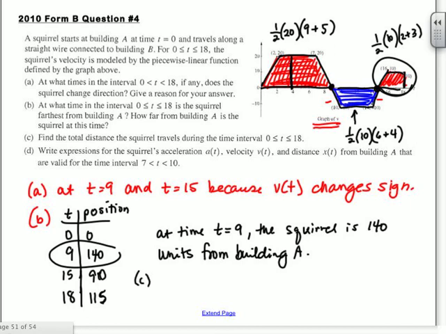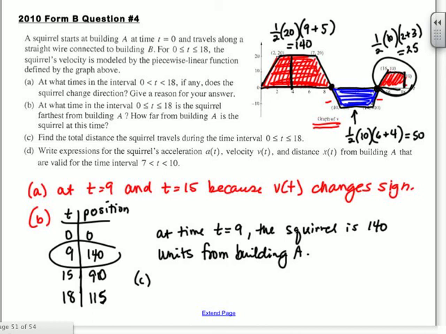All right, C. So find the total distance that the squirrel travels during the time 0 to 18. So distance is always positive. So you're taking all of those positive numbers that we found. So this first trapezoid was what, 140, is that what we said? The second trapezoid was 50. The third trapezoid was 25. And you're going to pretend that they're all positive. And you're going to add them together.